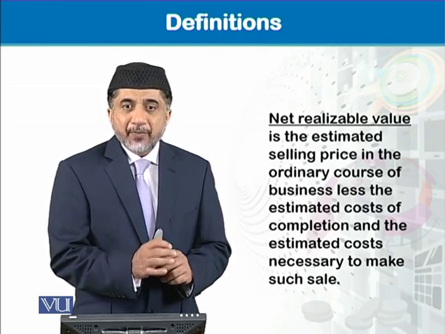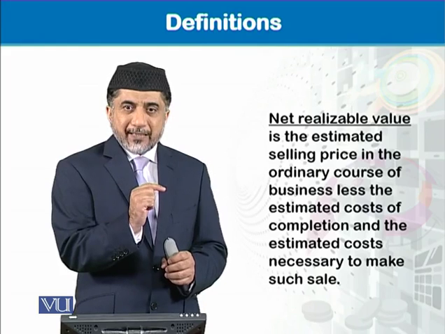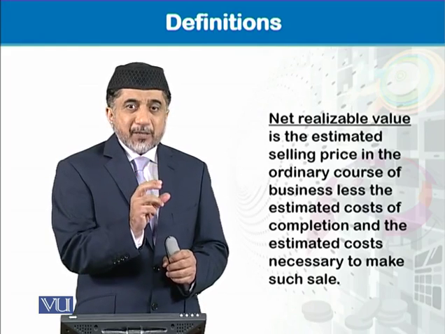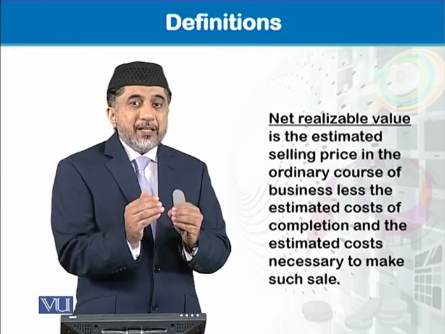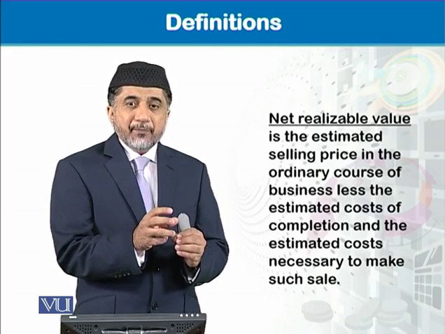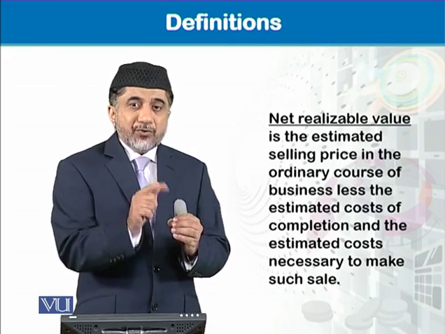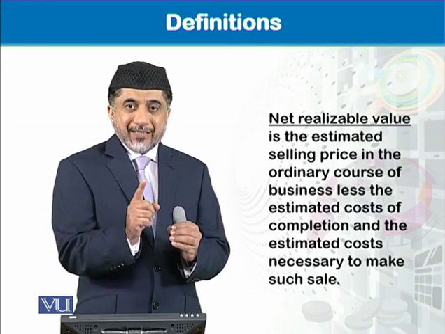So what we will do, we will take that estimated selling price from the market and then we will subtract the cost of completion. Supposedly if that table is 75% complete, we will subtract 25% cost of completion from the estimated selling price. Got it?